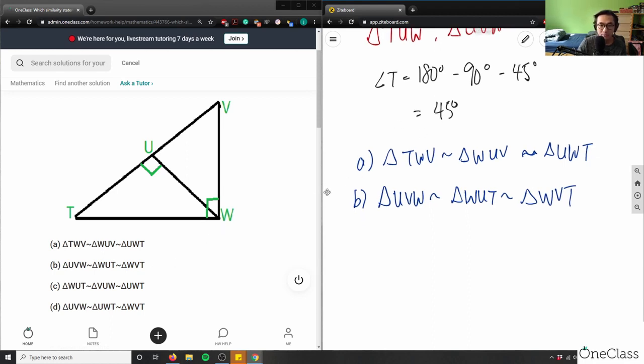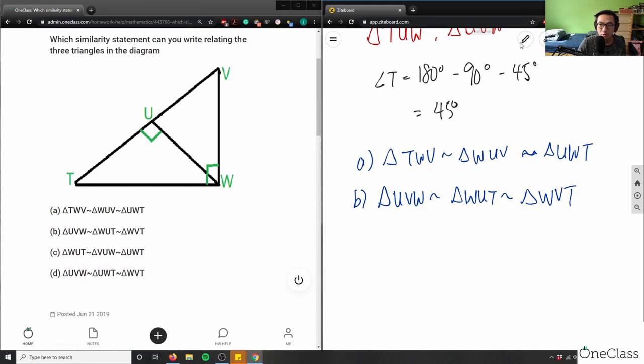And then finally, let me write this down. I have C, which is triangle WUT, similar to VUW, which is similar to triangle UWT, right?